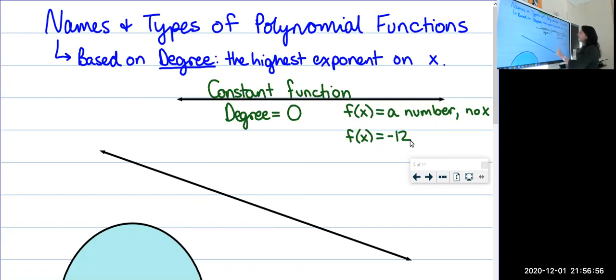All right, type 2, linear. That has a degree of 1. And the criteria here is that you've got f of x equals x to the 1 power.